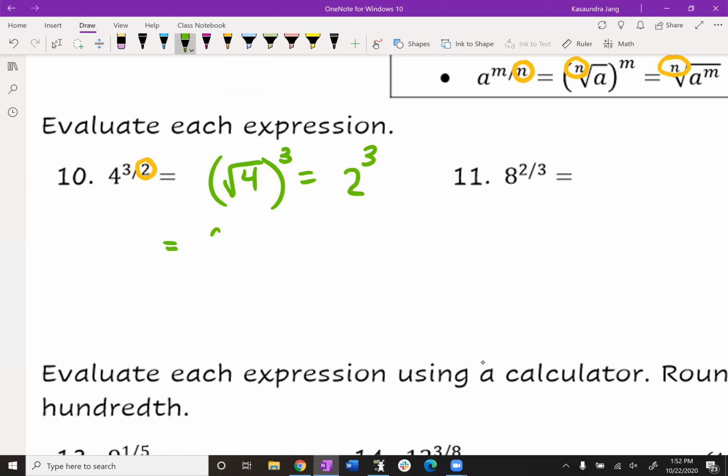All right, and I'm going to ask myself the same questions every time. Do I need an imaginary? Do I need an i? No. How come? No negative. This is the square root of a positive number, so no i. Do I need a plus or minus? How do you know?